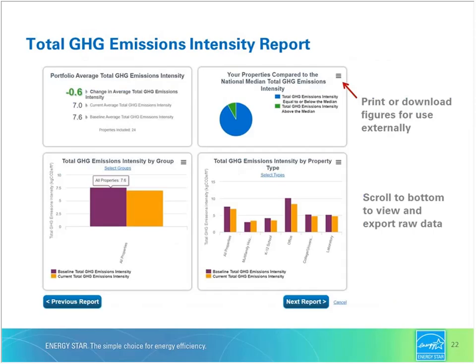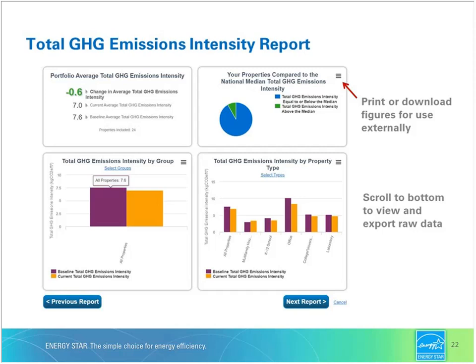And this is just a screenshot of the information contained in this report. It includes portfolio averages, comparison to the national median, and then it also breaks out emissions intensity by any groups you've set up within your portfolio and by the different property types that you have benchmarked in your Portfolio Manager account.